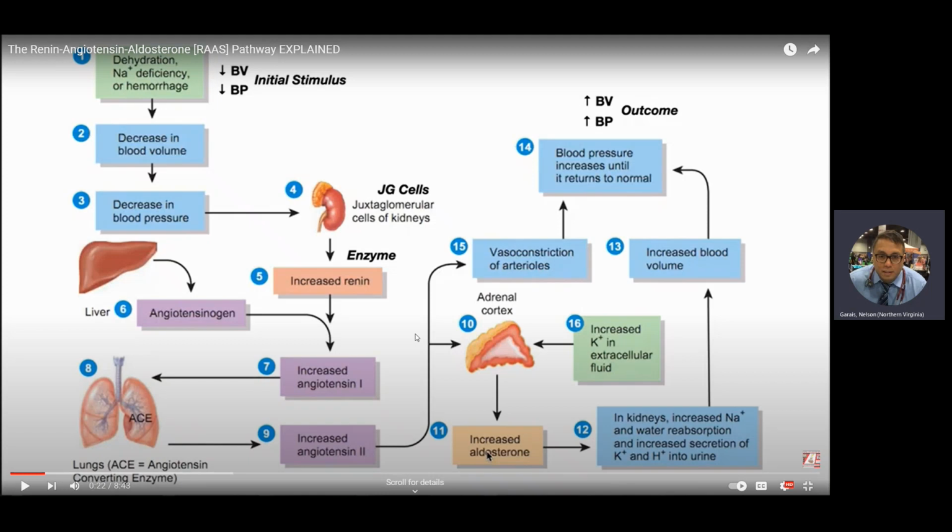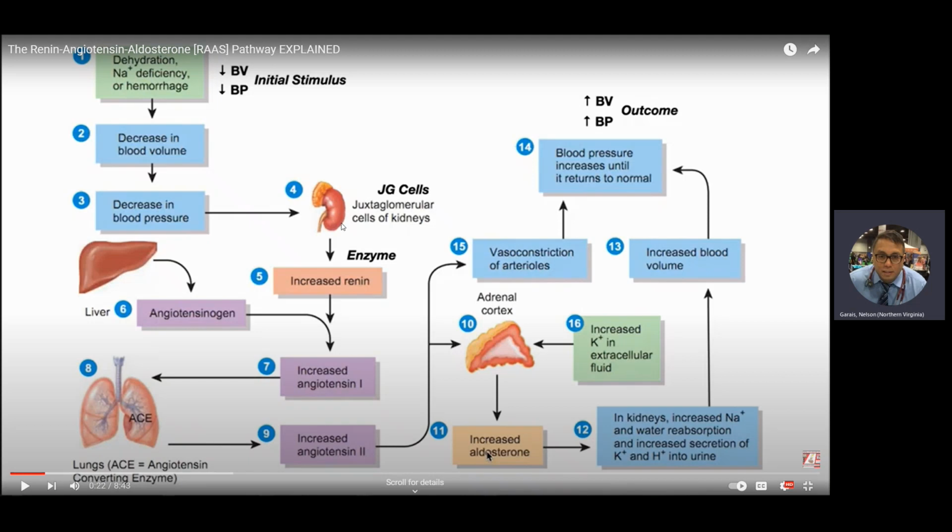So let's take a moment, and if you're watching this at home, pause the video and do what? Make your own version of this and make it even simpler. And then create questions based on it. Question: does the liver start it or does low blood pressure start it? Low blood pressure is the initial stimulus, but who in our kidney notices the low blood pressure?